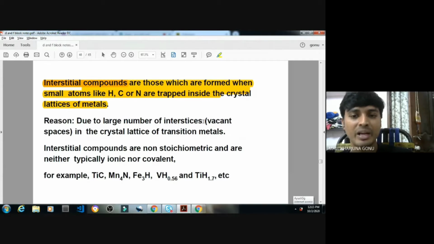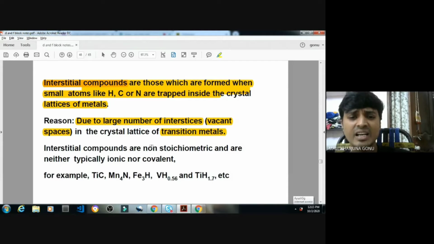Because d block elements have vacant spaces in the crystal lattice, this is the reason they show interstitial compounds. You have to write: due to a large number of interstices, vacant spaces.